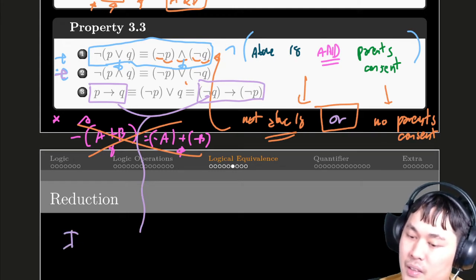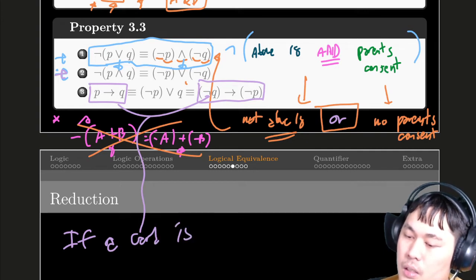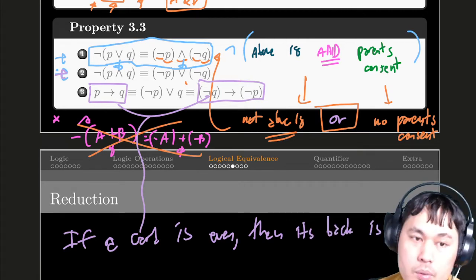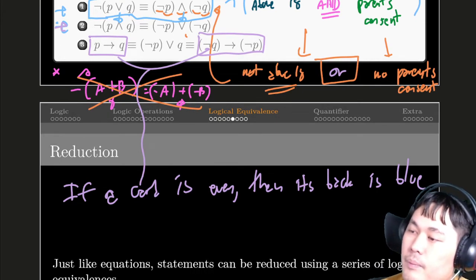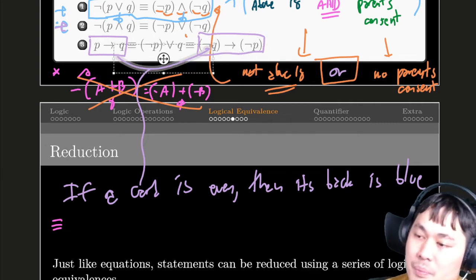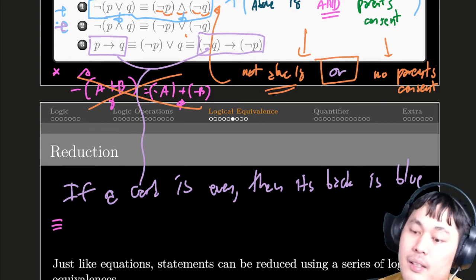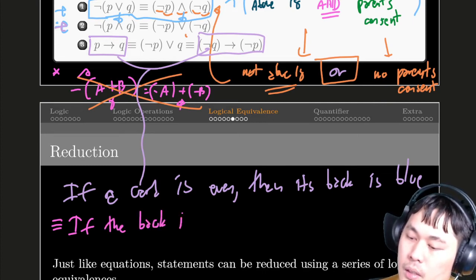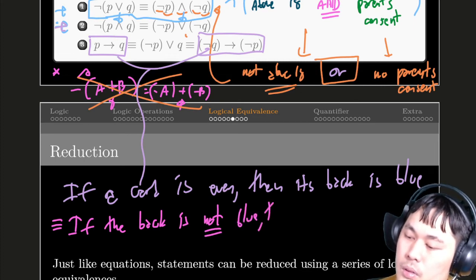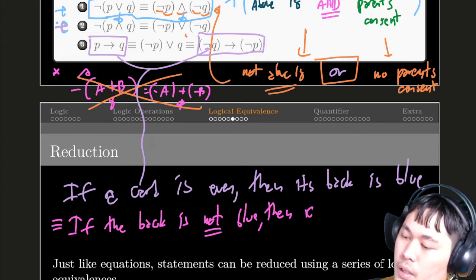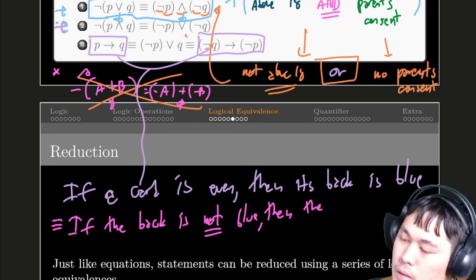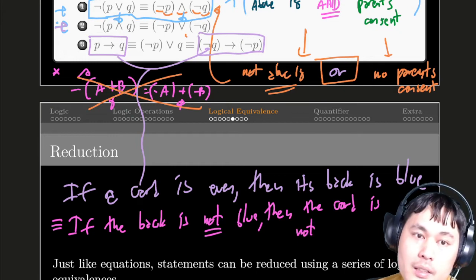But for instance, for the statement, if a card is even, then its back is blue, we claim that if you know this property, this statement has the same truth value as the statement that if the back is not blue, then the card is not even.